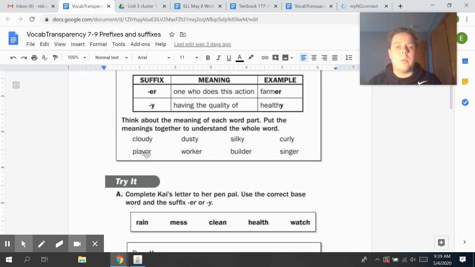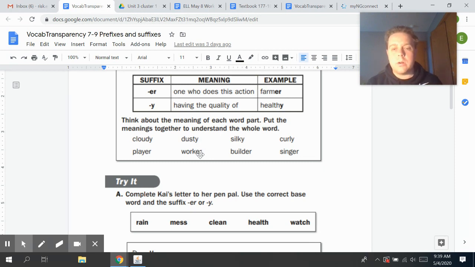You could say a baseball player. Play is the root word, er is the suffix. Somebody who plays is a player. Dusty. Dust is the thing, right? So you might see dust on the floor. Dusty, the whole room is dusty.